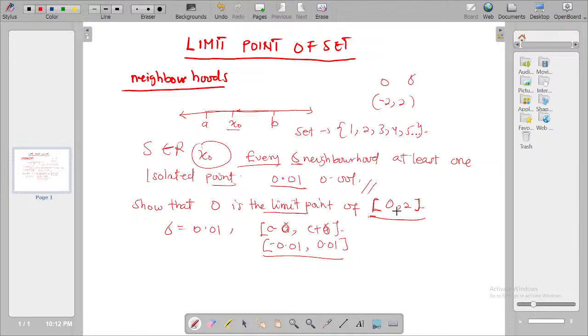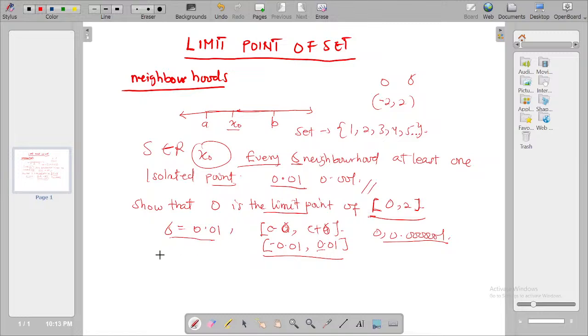So what you do is start from 0, which is included because it's a closed interval. So we'll start from 0, 0.000001. Yes, this is part of this interval, and it is very small compared to 0.01, meaning this is found in this interval. Therefore, using this delta, we can conclude that 0 is indeed a limit point.